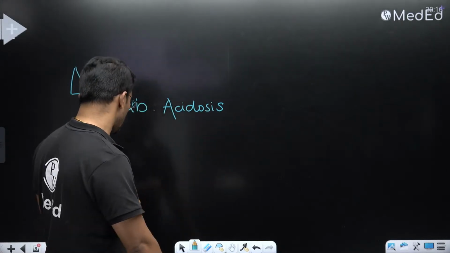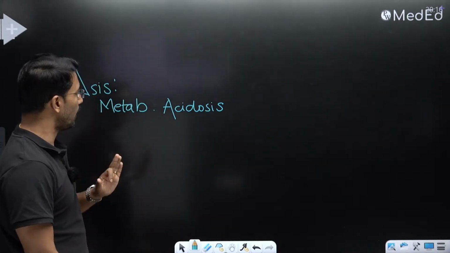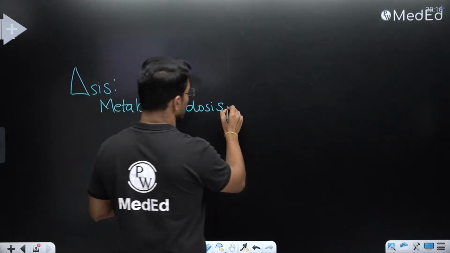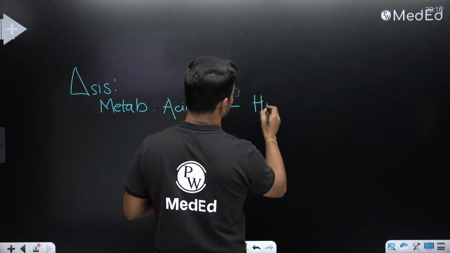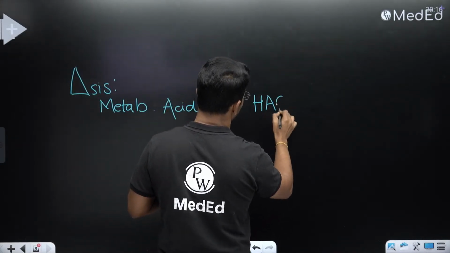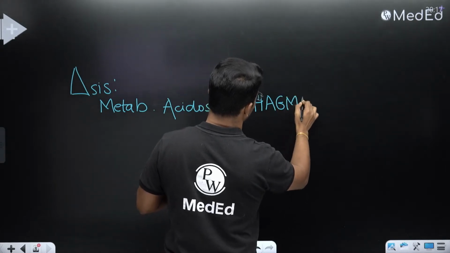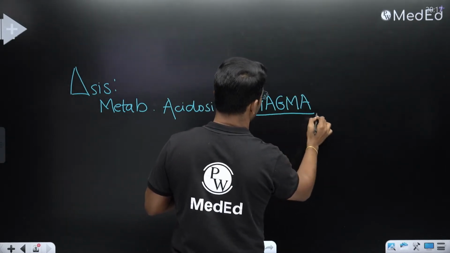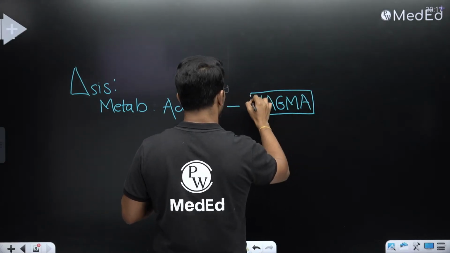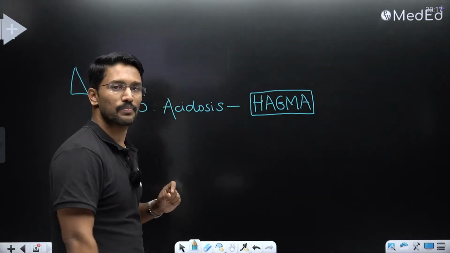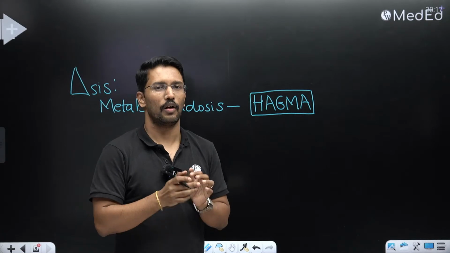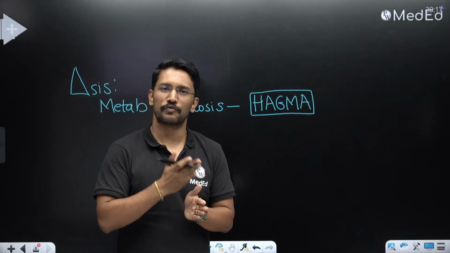We have calculated the anion gap. So this metabolic acidosis had a high anion gap. Anion gap was 18. So it is a high anion gap metabolic acidosis. And because it was a high anion gap metabolic acidosis, we also calculated the delta gap. How much was the delta gap? Delta gap was 14, less than 18.